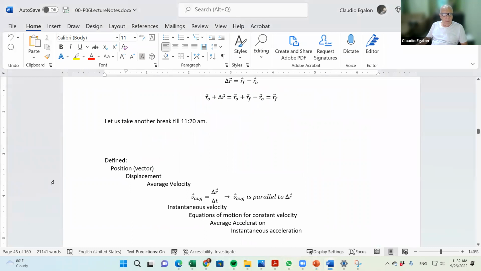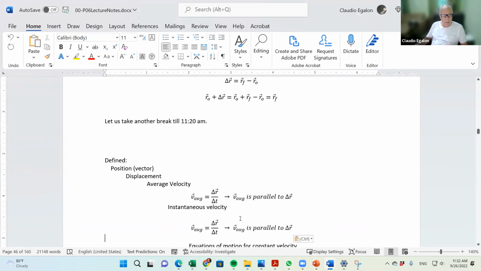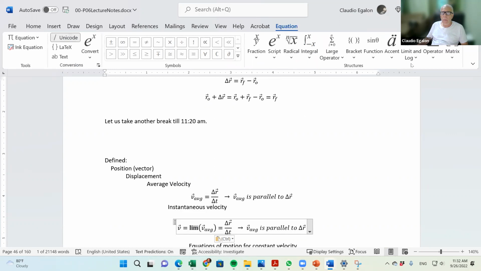Instantaneous velocity vector is the limit of the average velocity as delta t goes to 0.